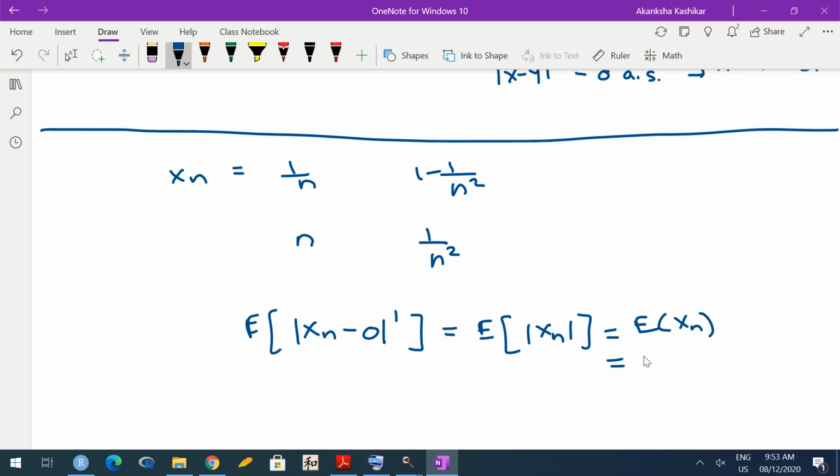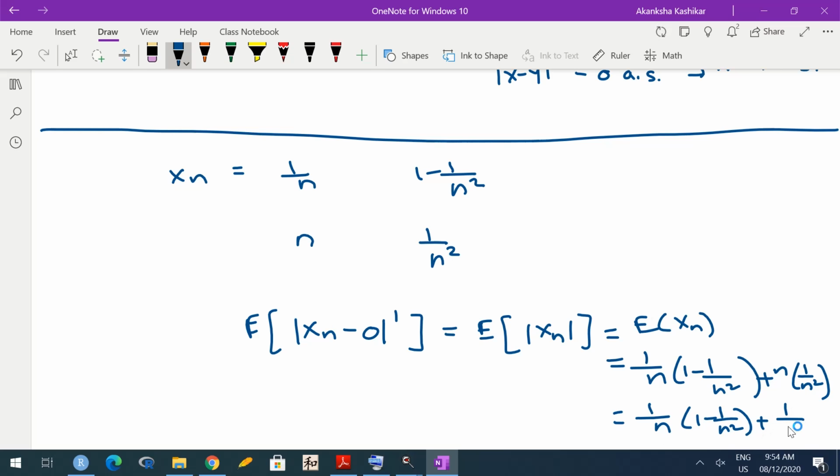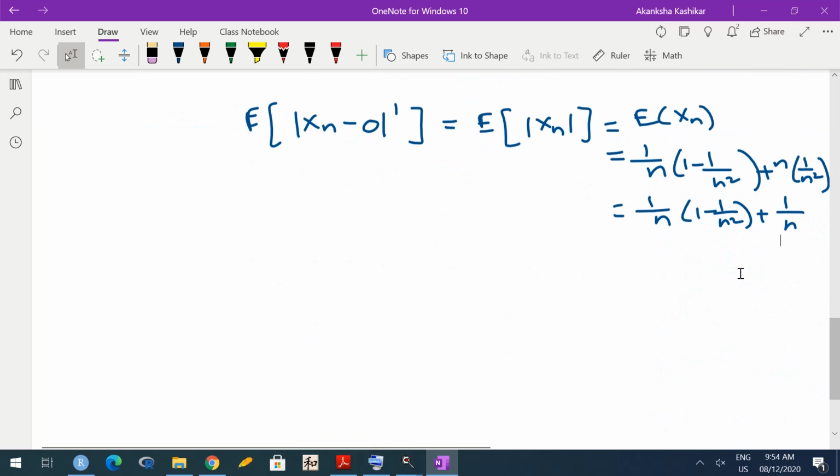Expectation of Xn would be (1/n)(1 - 1/n^2) + n(1/n^2). So this is (1/n)(1 - 1/n^2) + 1/n, and we can see that both these terms converge to 0. Hence this converges to 0. Therefore I can say Xn converges to 0 in first mean.